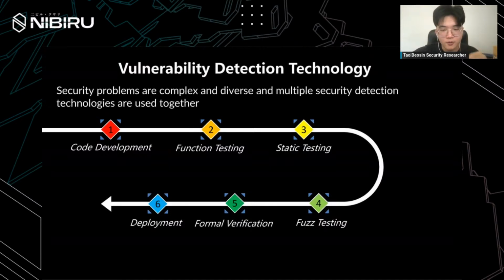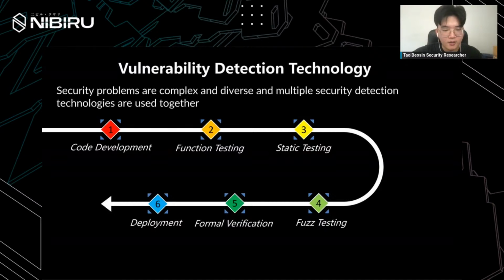During your code development, you will do the testing. You might do the integration testing and also function testing in your development, and then you might get static testing, or you will ask security companies or security auditors to do the security and static testing for you.